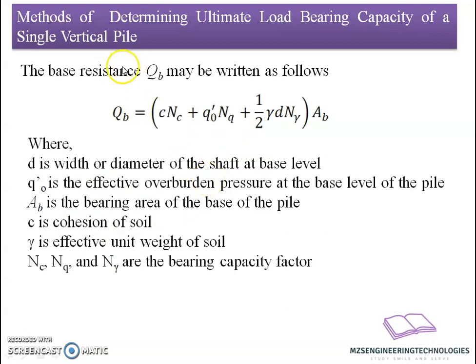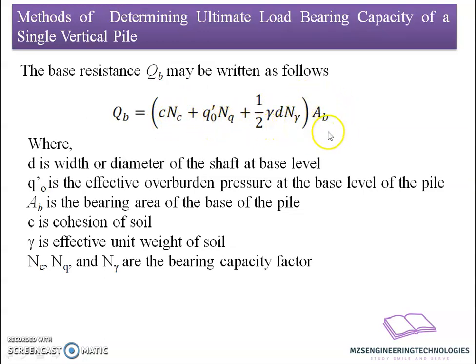Now let us go towards the estimation of QB. QB is equal to, we know this component which we use for estimation of unit bearing capacity of soil. It is given by the equation C NC plus Q naught dash NQ plus 1 half of gamma into D into N gamma. These are the coefficients which were suggested by Terzaghi.